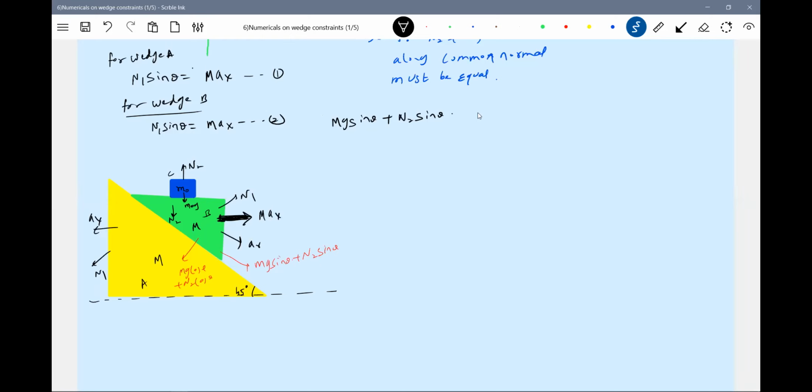Even the pseudo force component will also act: MAX cos theta equals M into AR. Should it be capital M plus M naught or only M? We are discussing only the motion of wedge B, not wedge B and the block C. So this is for wedge B along the incline.